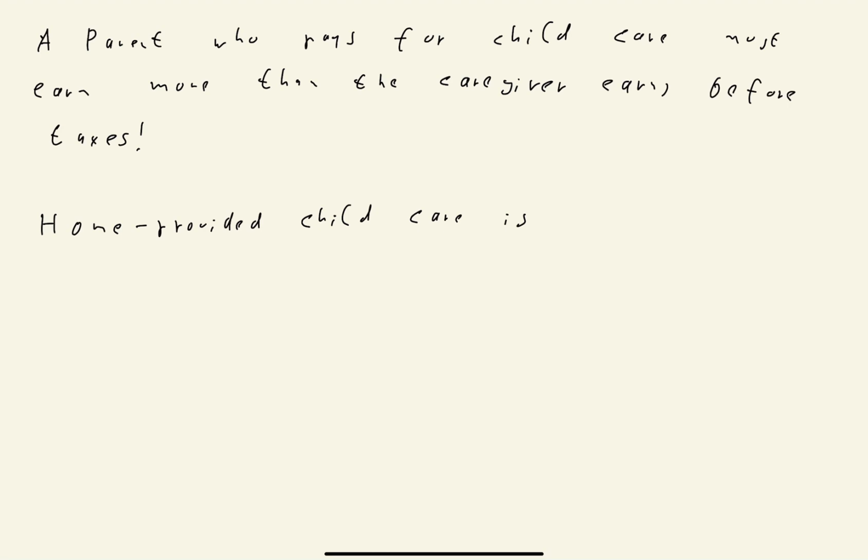By foregoing taxed wages, because instead of working, you care for the child, and your opportunity costs are what you could have gotten if you would have worked.